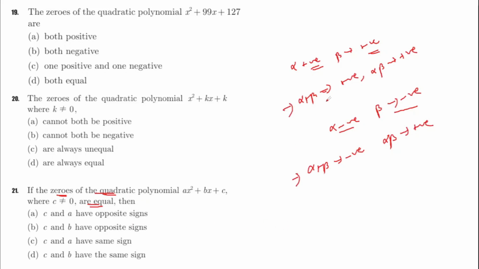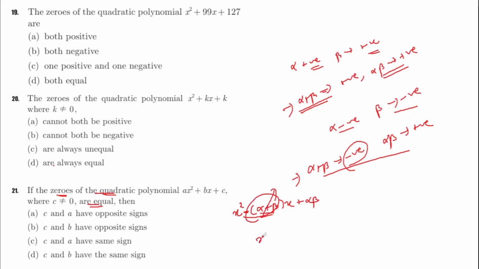If this happens, what will be the polynomial, sir? If this is the scenario where both alpha plus beta is positive and alpha into beta is also positive, then the polynomial is x square minus (alpha plus beta) x plus alpha into beta. Here alpha plus beta is positive, but before this there is a sign of negative, so this entire term will be a negative term.